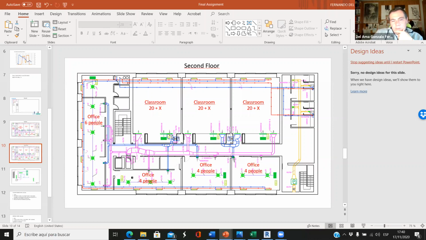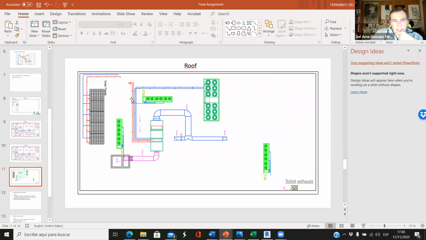Okay, and usually we have the air handling unit because we need ventilation. So the air handling unit ventilates the building with fresh air. If we connect the air handling unit to the water heater and the water chiller, that's fine. So we need a ventilation, heating and cooling system.